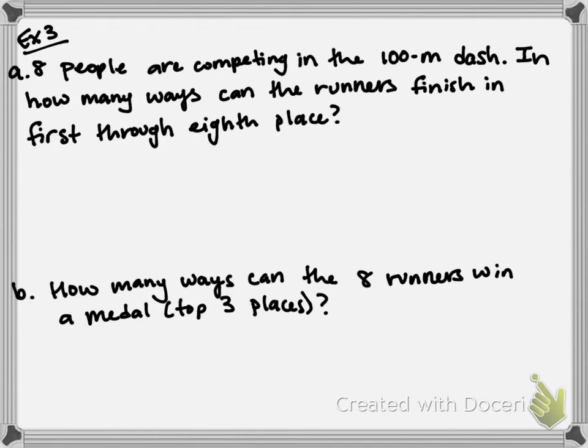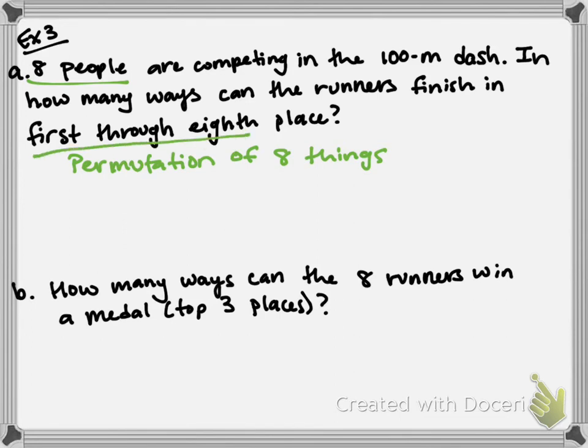Okay, so this is going to be a permutation because the order does matter, right? Once you come in first place, you can't have someone else come in first place. So it's a permutation of 8 things because there are 8 people running. And we want to know first through 8th place. So it is going to be a permutation of 8 things taken 8 at a time.